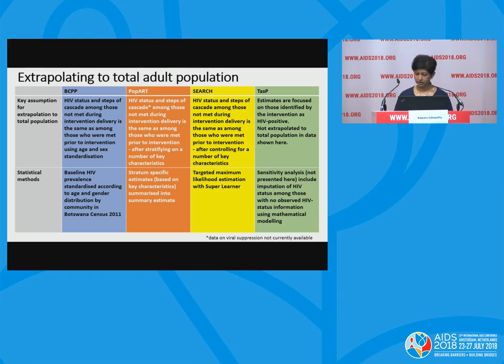The key assumption is that the HIV status and steps of the cascade among those not met during the intervention is the same as among those met before the intervention was delivered to them. For TASP, the findings I'm showing today are amongst those encountered and reached by the intervention, but they have done analyses elsewhere estimating the extrapolation to the total population, but they're not available today.